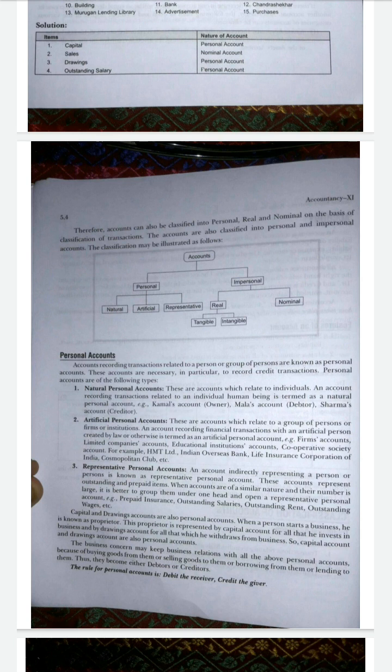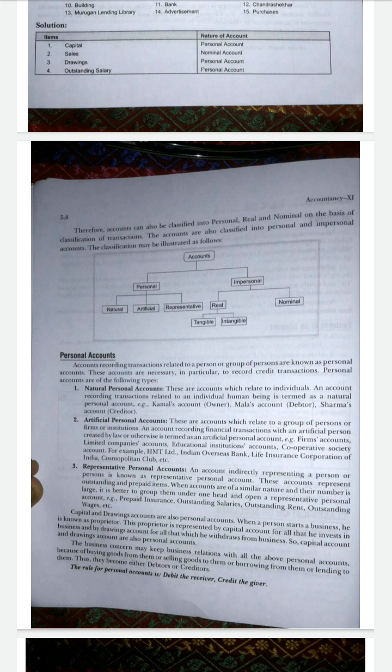Keep in mind, when a person's name comes, as we already studied in the accounting equation, it is a sale of goods on credit, for example goods sold to Padma. If it is for cash, it is called a cash transaction.